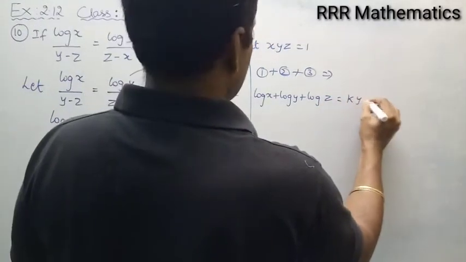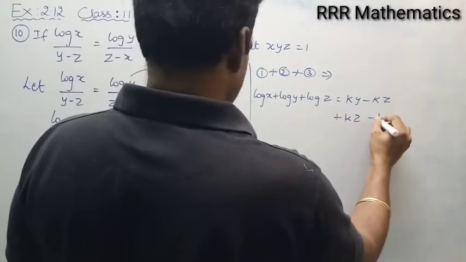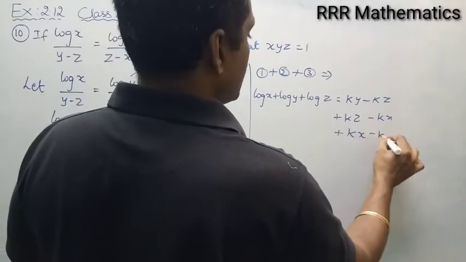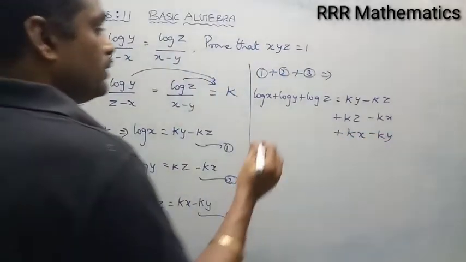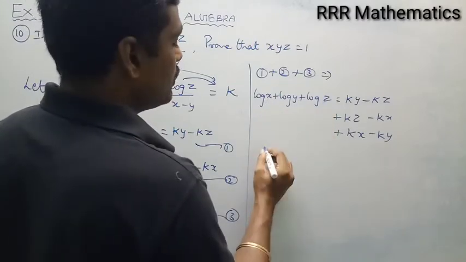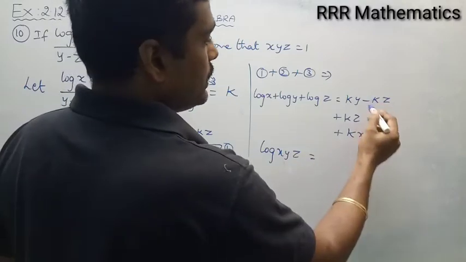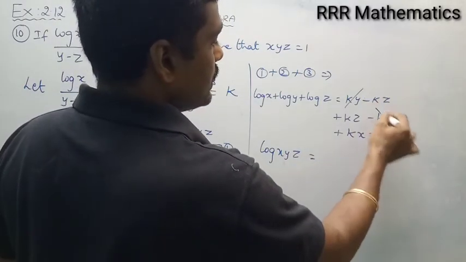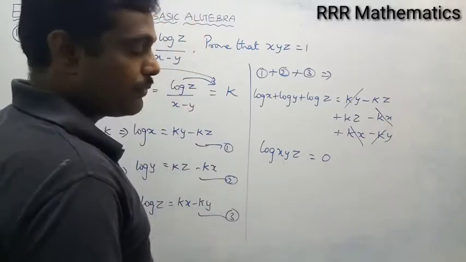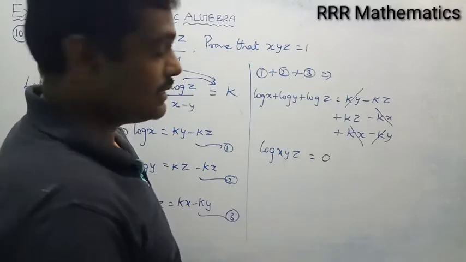Ky minus kz plus kz minus kx plus kx minus ky. So, using product rule, log x plus log y plus log z, using product rule it will be log xyz, and ky cancel, kx cancel, kz cancel. It gives 0.